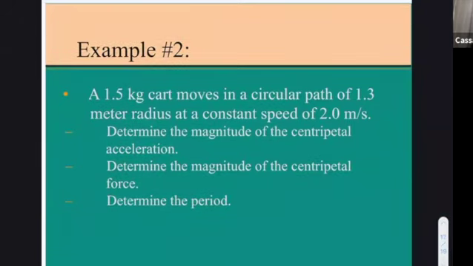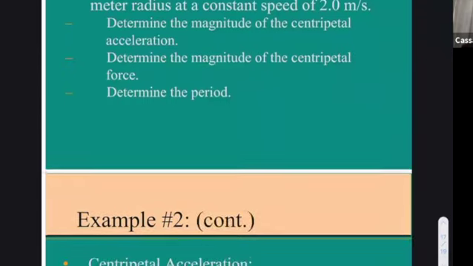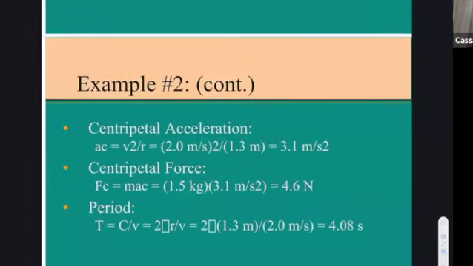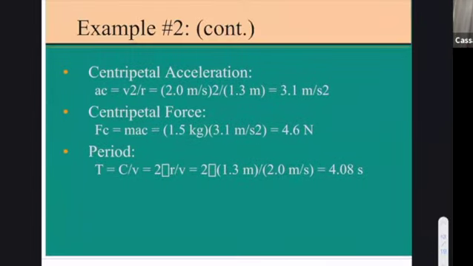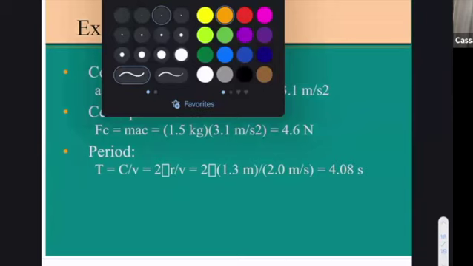All right, here is another example. A 1.5 kilogram cart moves in a circular path of 1.3 meters radius at a constant speed of 2 meters per second. Determine the magnitude of centripetal acceleration, A sub c. Determine the magnitude of centripetal force, F sub c. And determine the period, capital T. Okay. So first, let's calculate our centripetal acceleration.